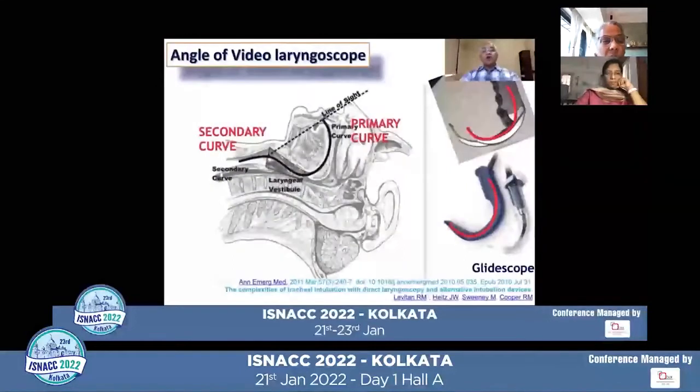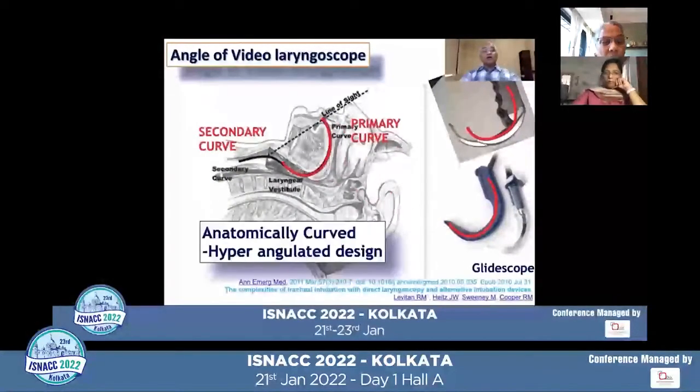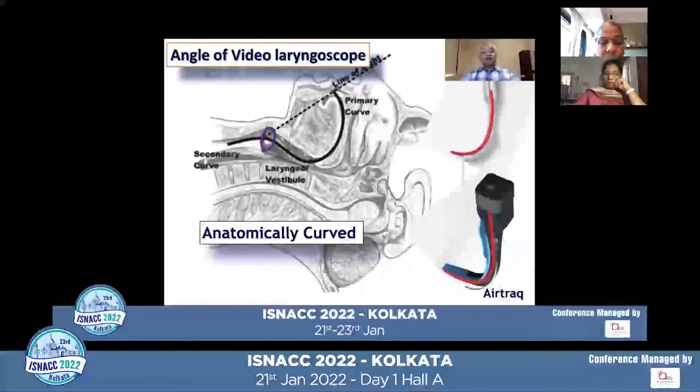The first to develop was a device which was anatomically shaped as per the oral cavity, but the device tip was almost pointing towards the vallecula, and we can call it a hyperangulated device.